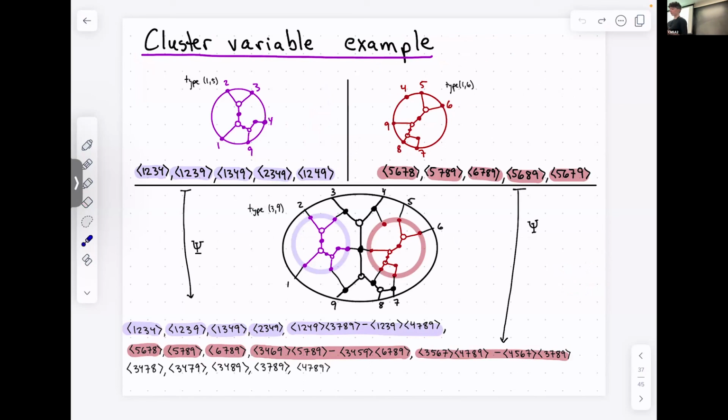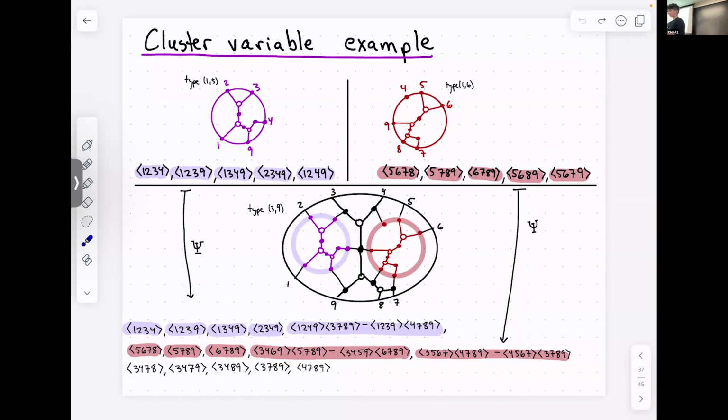There's nothing else, so I just get the 5 easy cluster variables. Similar with this guy, just the 5 easy ones. And then to get the functions for this one, I have the 5 easy cluster variables and then psi applied to both the red and lavender easy cluster variables.